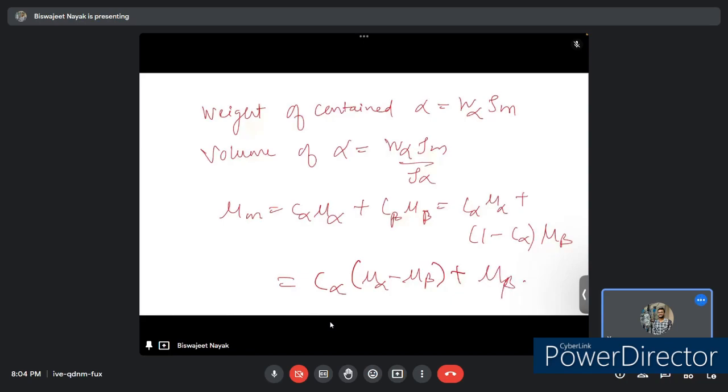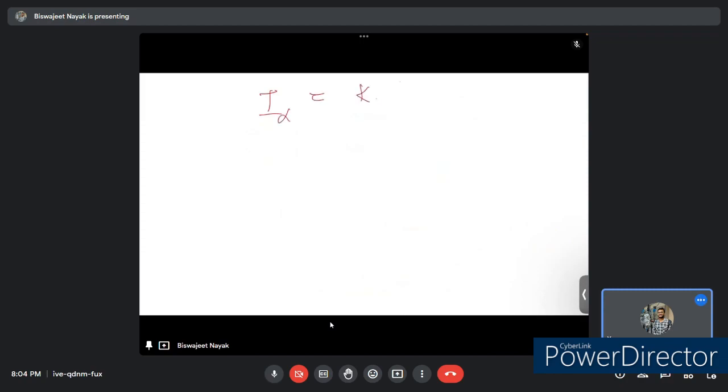So our intensity is modified to K1 C alpha by [C alpha (mu alpha minus mu beta) plus mu beta]. So this equation relates the intensity of a diffraction line from one phase to the volume fraction of that phase and the linear absorption coefficients of both the phases.